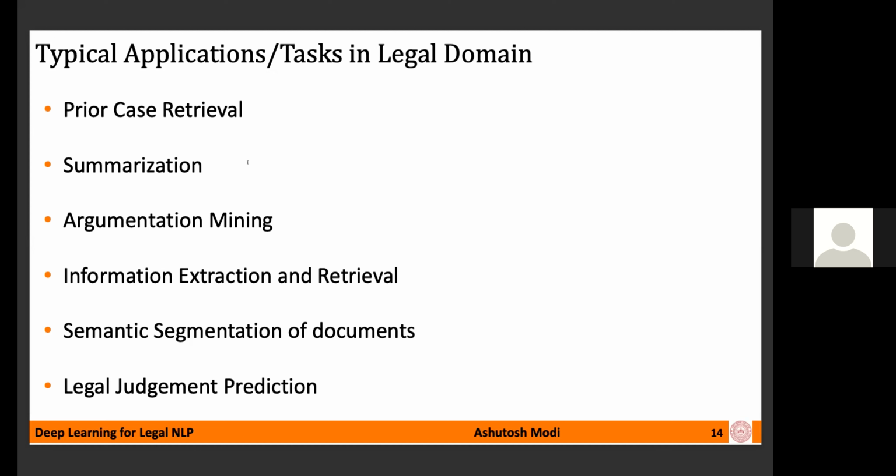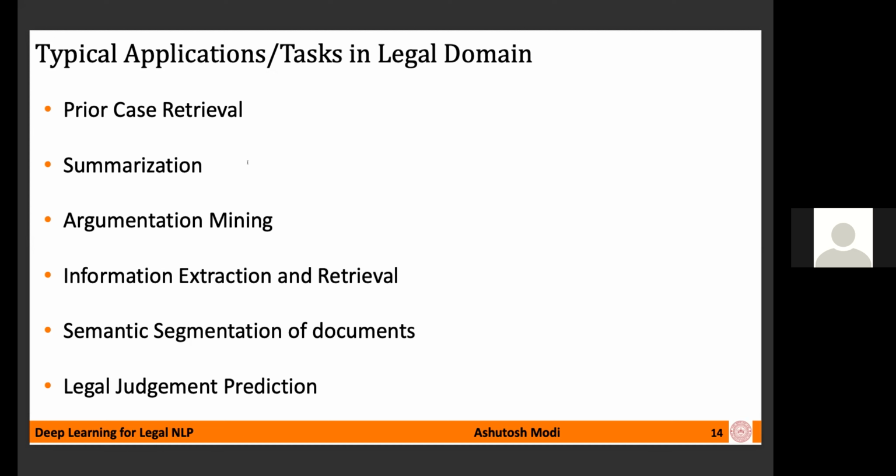What is really interesting is whether we can automatically extract these argument structures. By argument structures, I mean things like premise, conclusion, and the relation between main and counter arguments within the discourse. If these could be extracted automatically, they could be useful for different tasks, for example, judgment prediction.